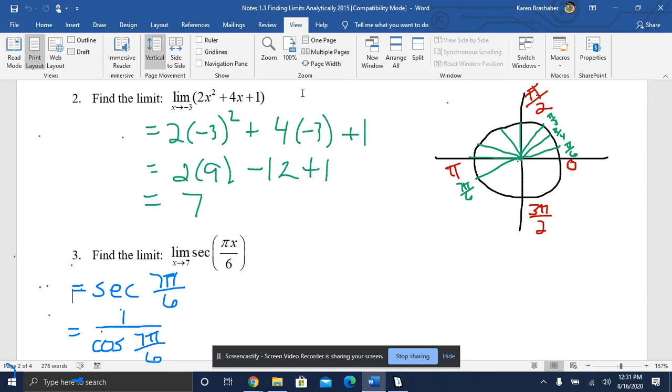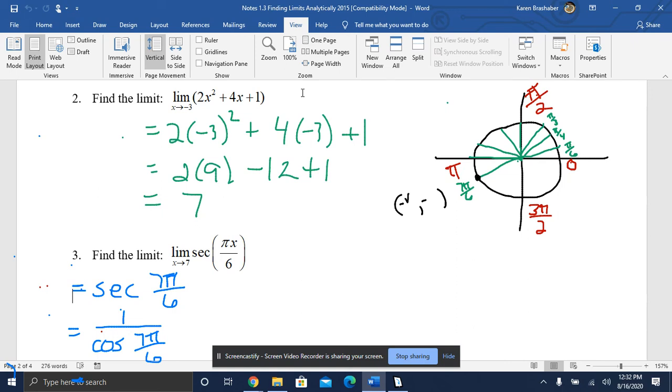So I want to remind you that these angles are associated with ordered pairs, and so we have to think about what ordered pair would be happening at 7π over 6. Well, first of all, it's in the third quadrant, so we know that both the x and the y are negative. And then you have to think about your x, and your x is coming out across here a little bit longer.